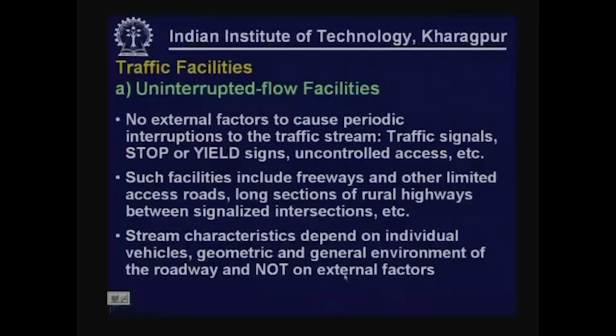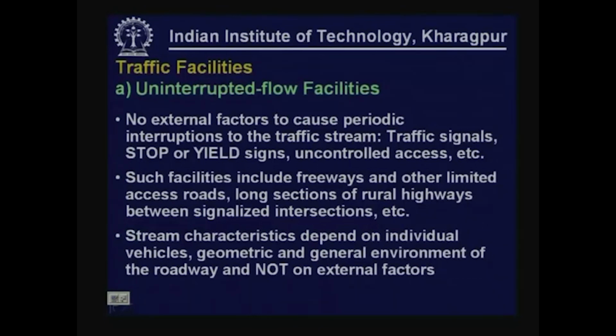Now, with this background, let us try to understand traffic facilities. Two types of traffic facilities are normally there: uninterrupted traffic flow facilities and interrupted traffic flow facilities. You should carefully try to understand what is meant by uninterrupted flow facilities.